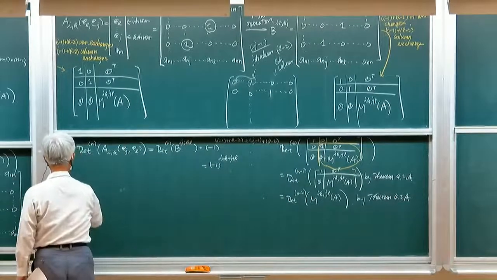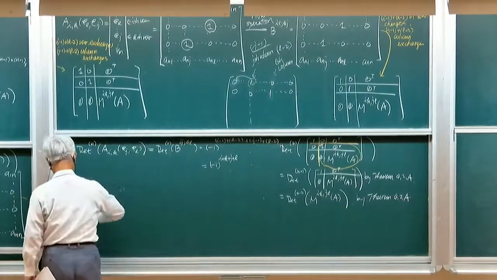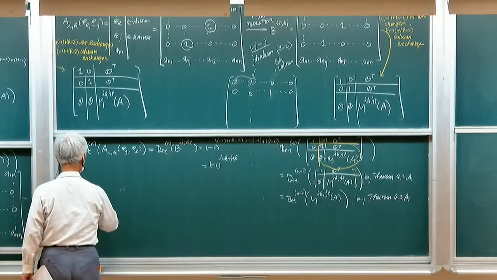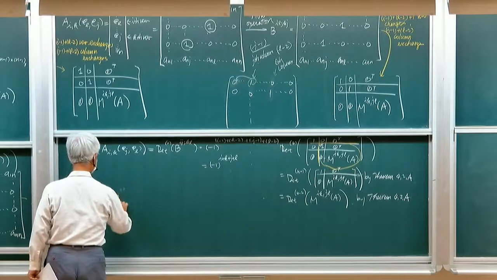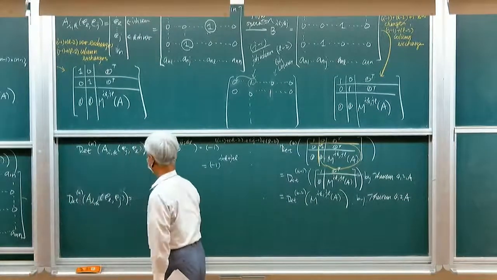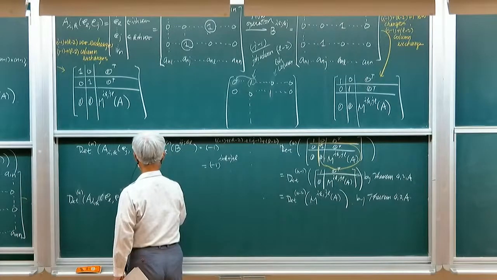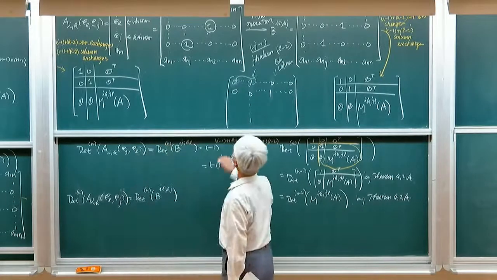The determinant of A with rows i, k, this time is e_l and e_j. All right? And the same as B with i, l and k, j. Okay?